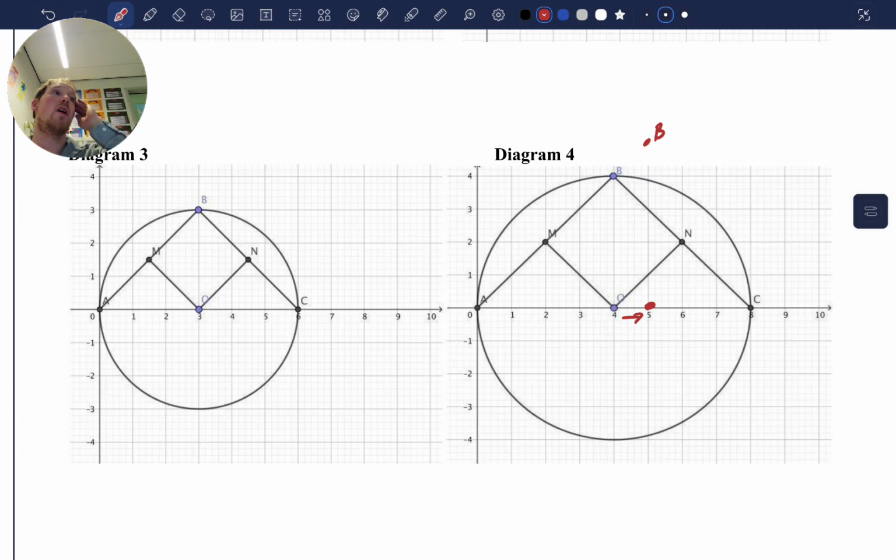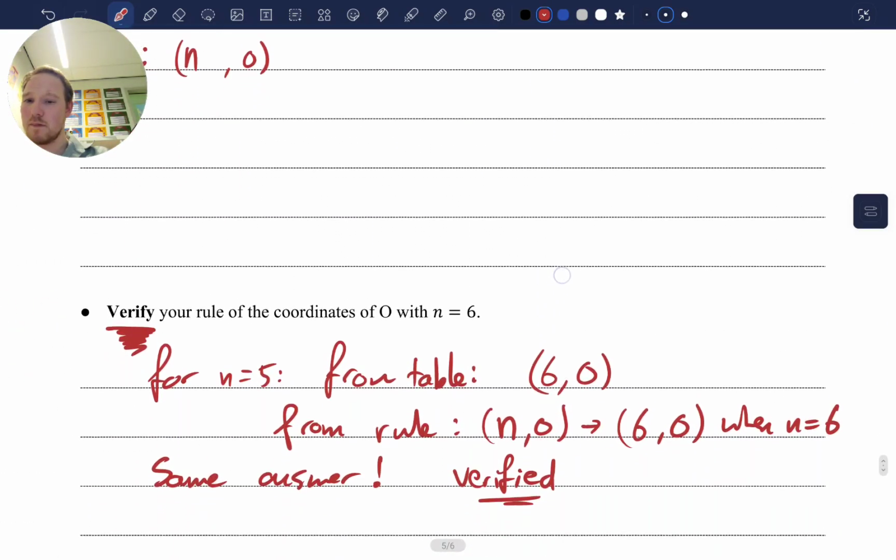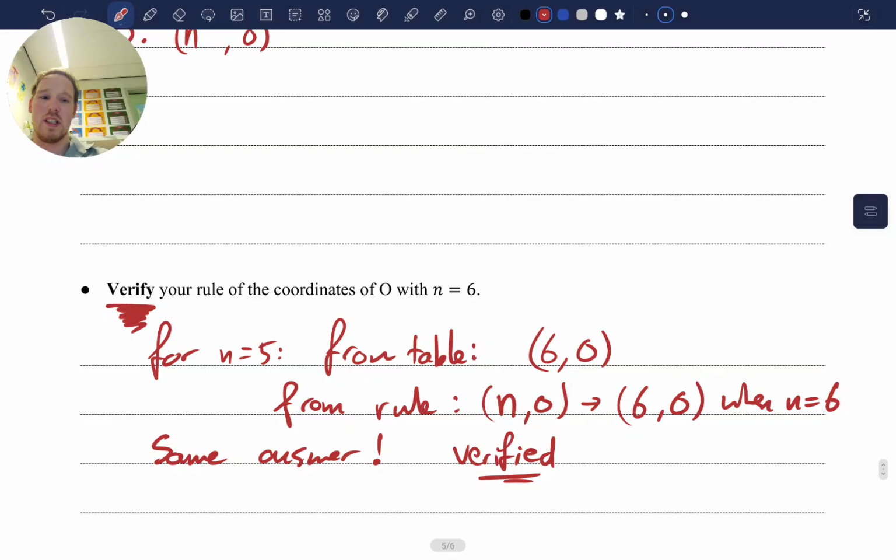So we could say if we make a new diagram for n equals 5, we find the O value of 5, 0. If we make one more diagram, we'll find the O value 6, 0, also then verifying our rule. I see I made a mistake. They said we have to use n equals 6. So there we go. For n equals 6, this is what we have.